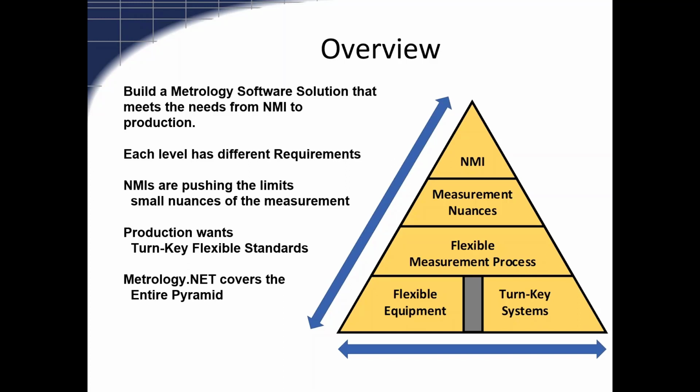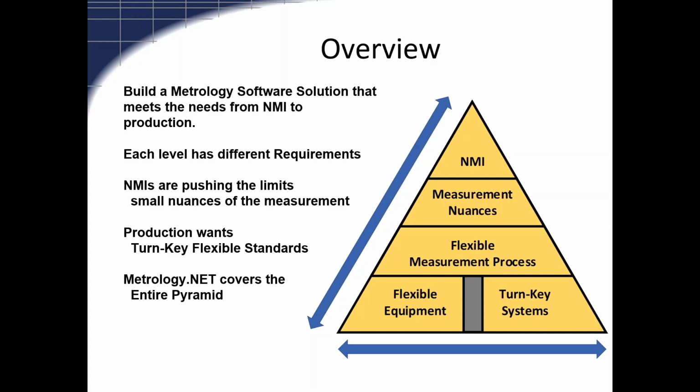As we move down the pyramid and get into things that are a little bit more production oriented, we start seeing that their biggest problem at the bottom end of that pyramid is going to be flexible standards. And there we're going to see a lot of turnkey systems. You don't see a lot of turnkey systems go from NMI to NMI to NMI.